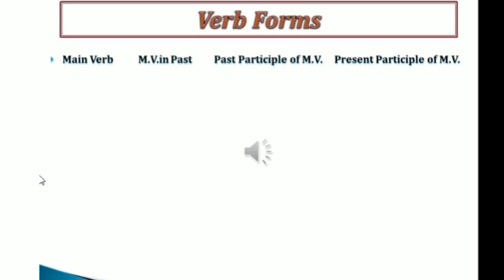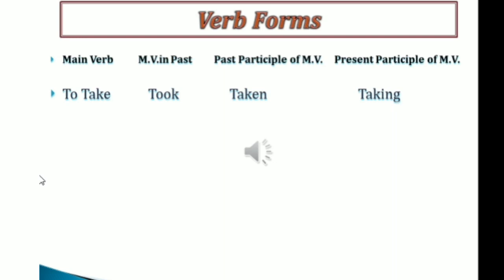For our understanding, we will classify them in four types: type 1, type 2, type 3 and type 4. The first type of irregular verbs are like this: to take, took, taken, and last is taking.